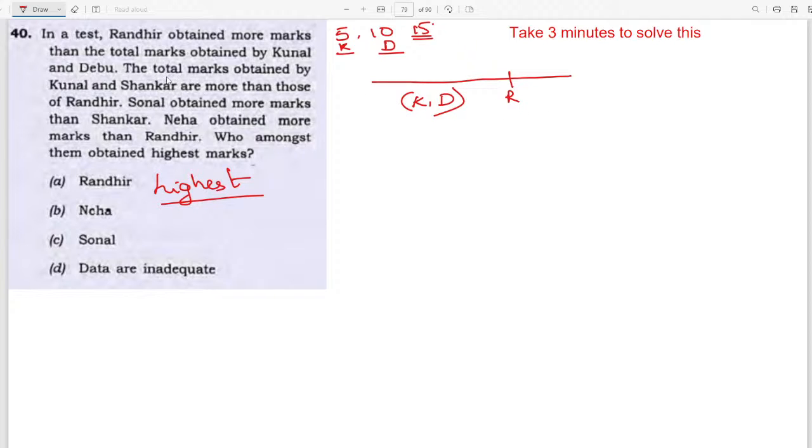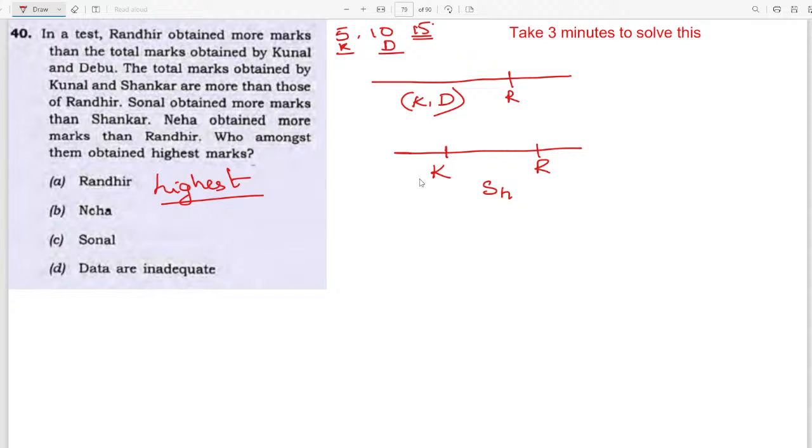Then they are saying that the total marks obtained by Kunal and Shankar are more than those of Randir. So we have Kunal and Shankar. I have Kunal here, I have Randir here, and I have Shankar.